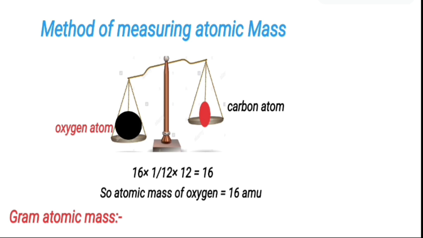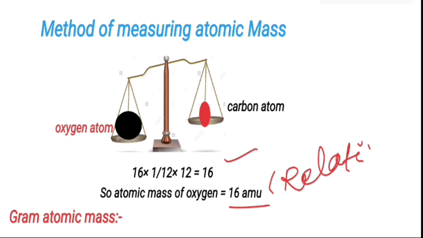So 16 into 1/12th into 12, where 12 is the atomic mass of the carbon atom, gives the value 16. So the atomic mass of oxygen is 16 atomic mass units. Or the relative atomic mass of oxygen, it is relative because we are relating it, is equal to 16.